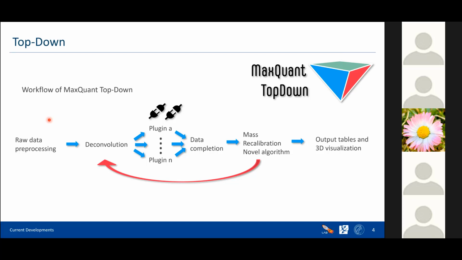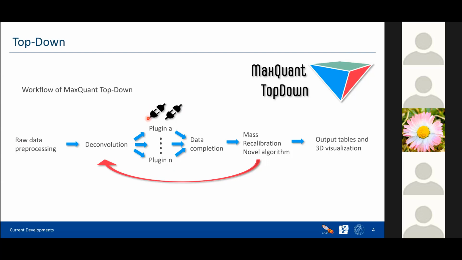What we want to do is, when we take in the raw data, we pre-process. Sorry, it's late in the day. And then for the deconvolution step, so finding out what is what, reducing everything to one charge state and so on, we will use existing tools.